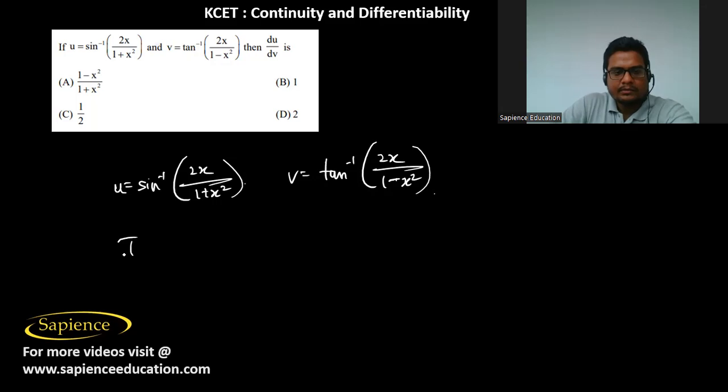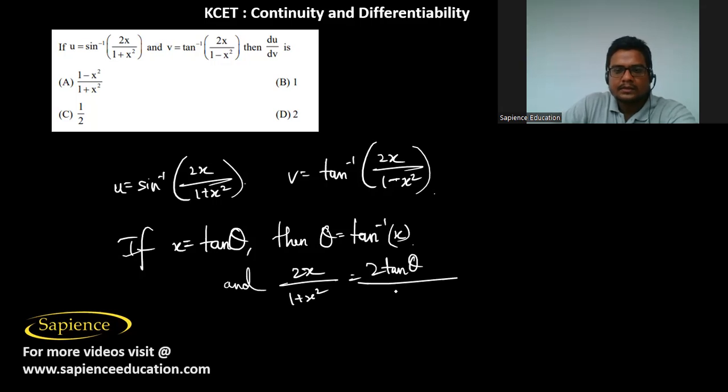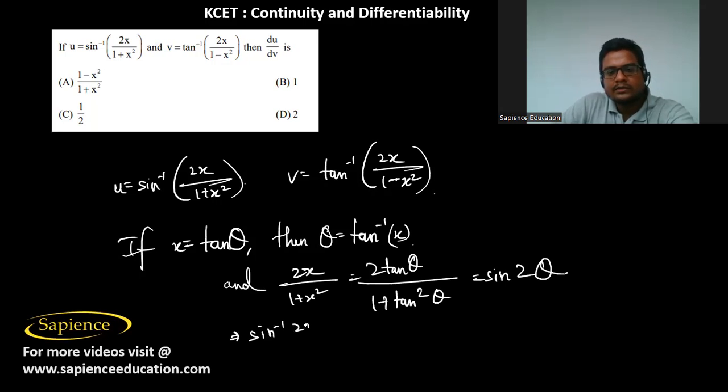Now suppose we take x equal to tan theta, then theta will obviously be tan inverse of x, and 2x by 1 plus x square will be equal to 2 tan theta by 1 plus tan square theta. This will obviously be equal to sine 2 theta. So sine inverse of 2x by 1 plus x square can be written as sine inverse of sine 2 theta, which is equal to 2 tan inverse x.